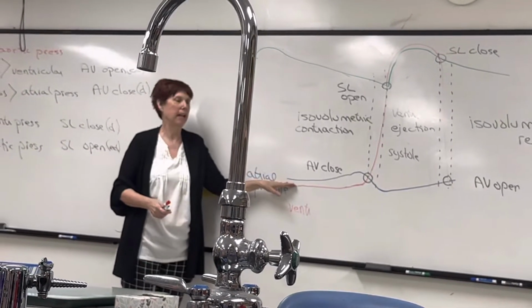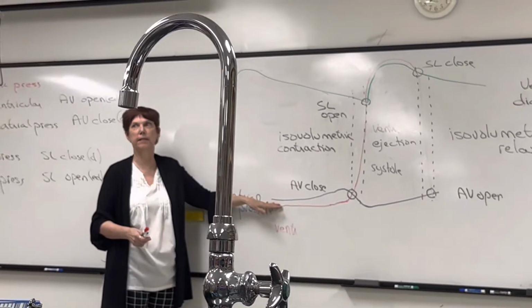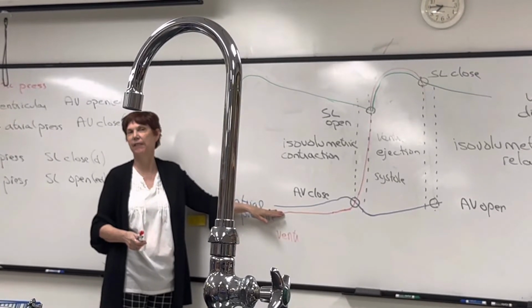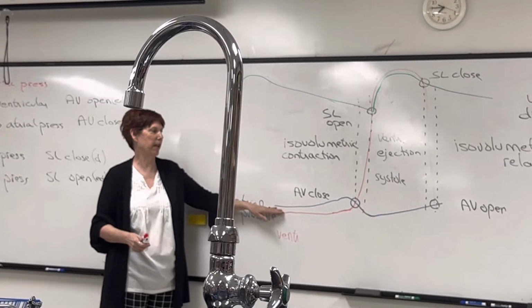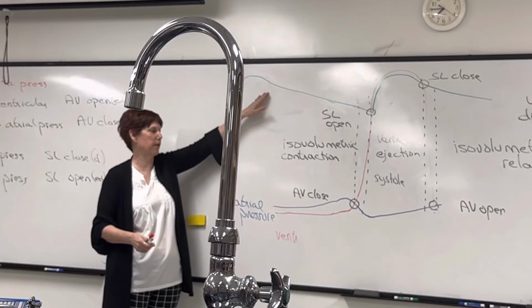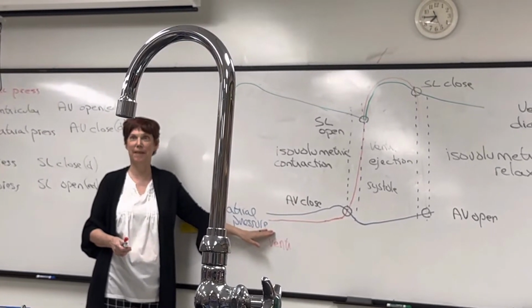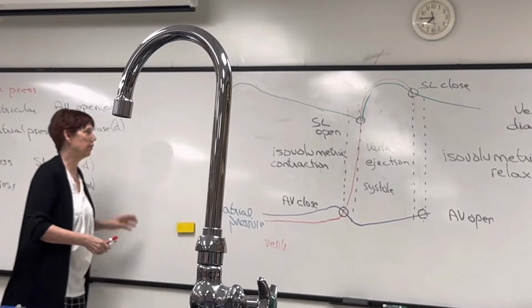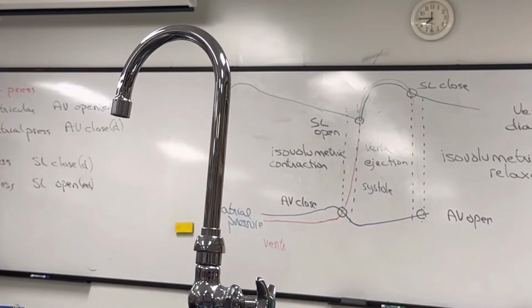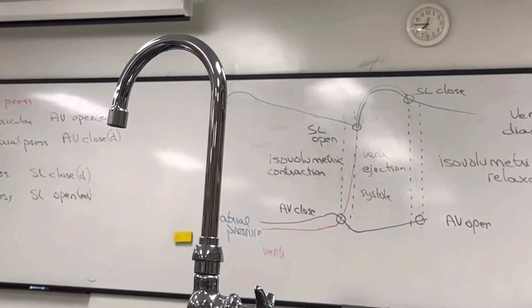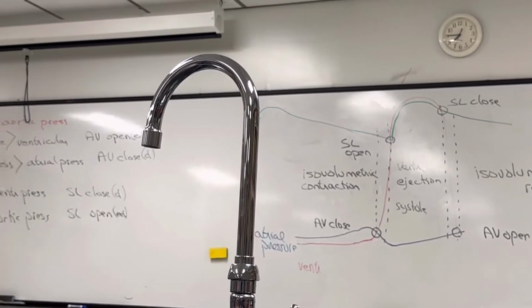Atrial pressure is around 5 to 8, 5 to 10. Atrial pressure never gets that high. Aortic pressure never gets below that unless there's no pressure at all, because your heart isn't beating, okay? So you don't want to choose any relationship of pressures where atrial pressure is higher than aortic pressure, okay?